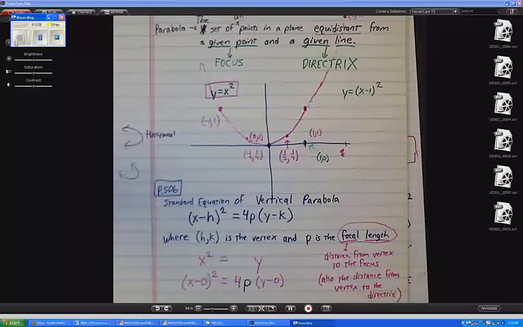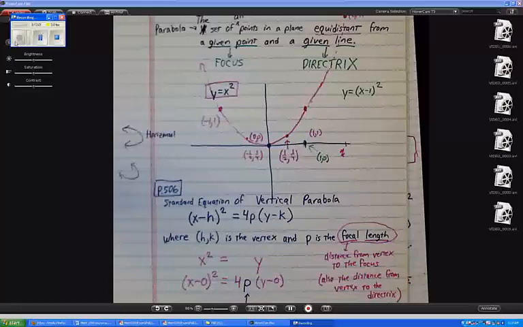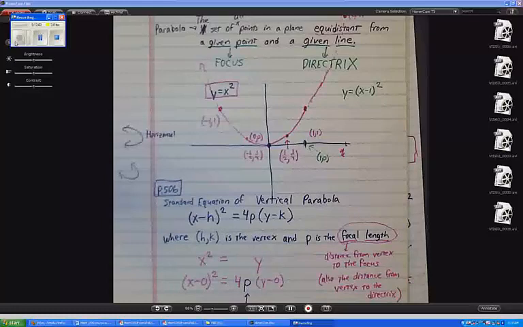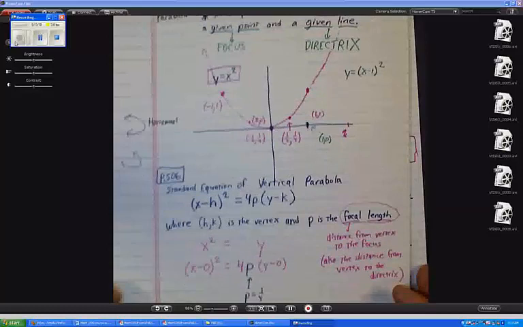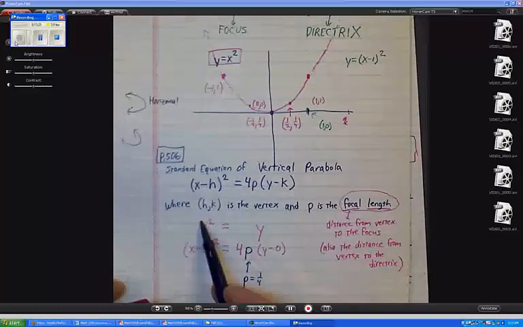Does that make sense to you guys? Can you tell me what p has to equal for this first example of a parabola that we have? 1/4. That's the only way it'll work. So you get 1/4 times 4. That's right. Do you guys understand? Well, because the equation is y equals x squared, right?